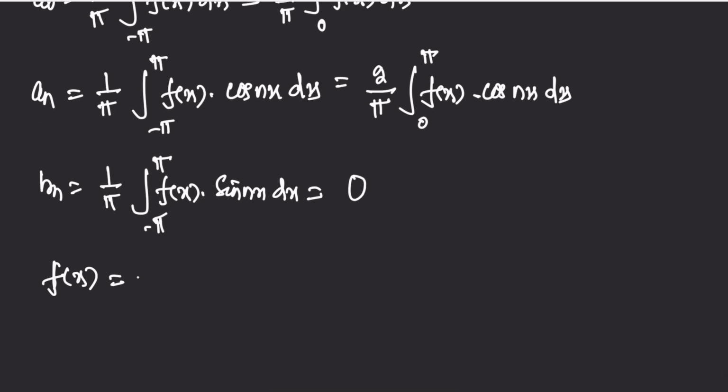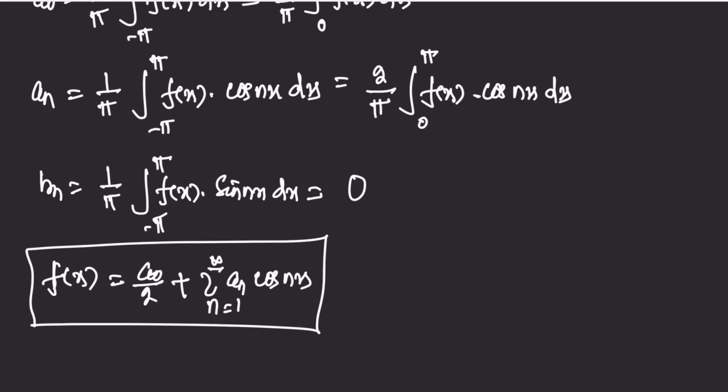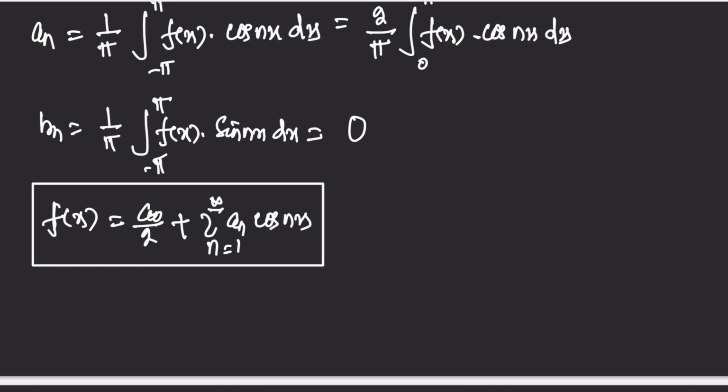So the Fourier series becomes... As the series contains only cosine terms, it is known as a cosine series.